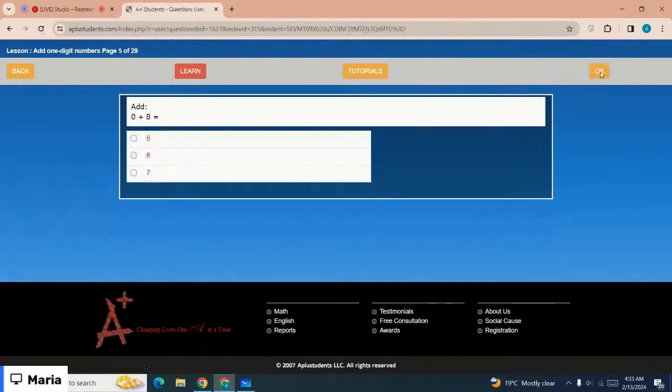Add 8 plus 0, which is the correct option? Yes, that is 8. 8 plus 0 is 8.